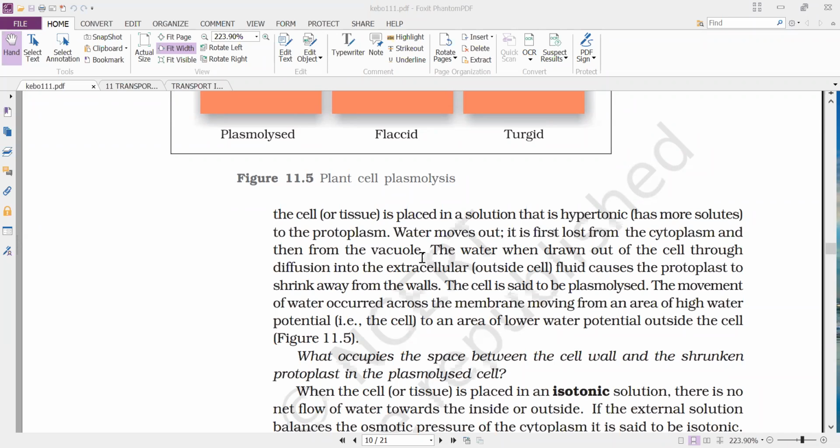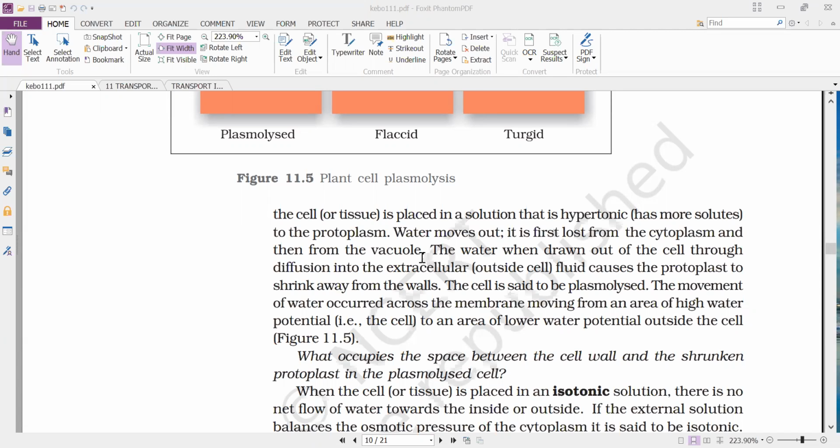The osmotic pressure of the plant cell is mainly depending upon the vacuole. So when you observe here, first when a plant cell is placed in a hypertonic solution, the water is lost from the cytoplasm, and later the cytoplasm takes up water to maintain the normal condition.